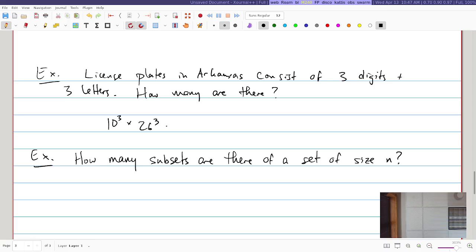How can I think of this? So think about choosing a subset. I have a set of size n, and I'm going to choose a subset of it. How many ways do I have to do that? And how can I think of breaking it down into independent choices?